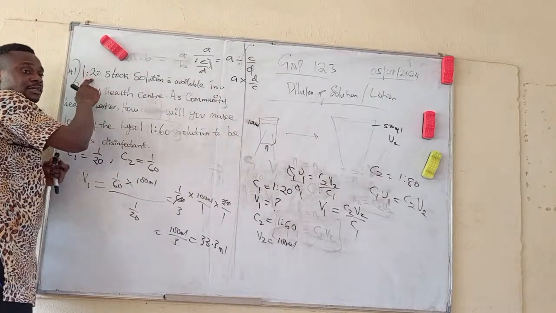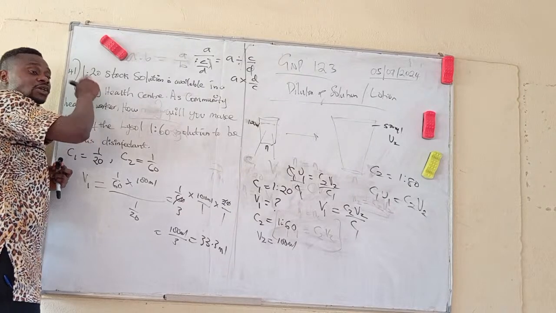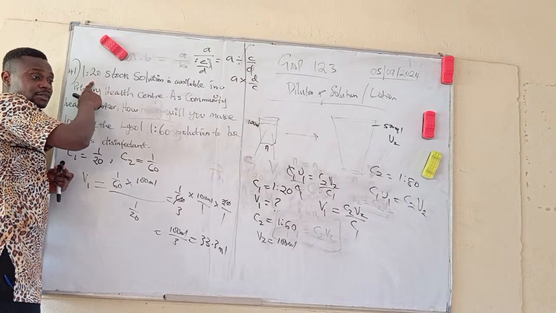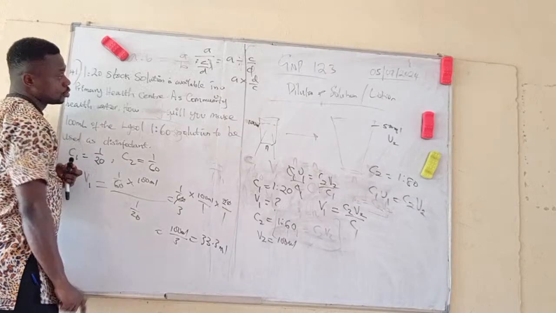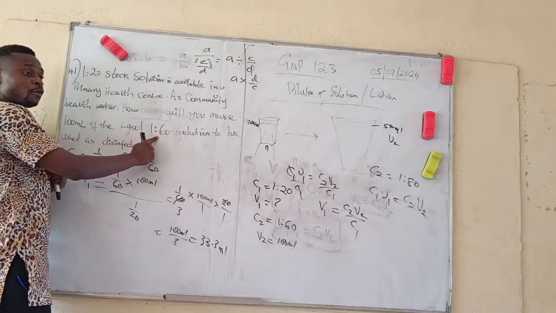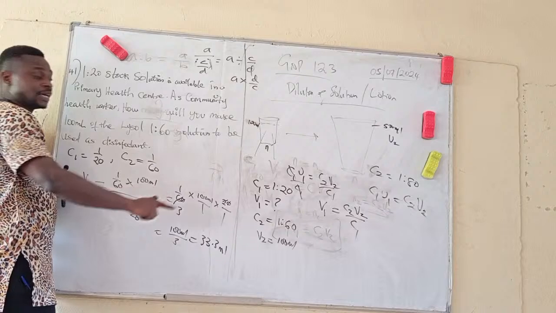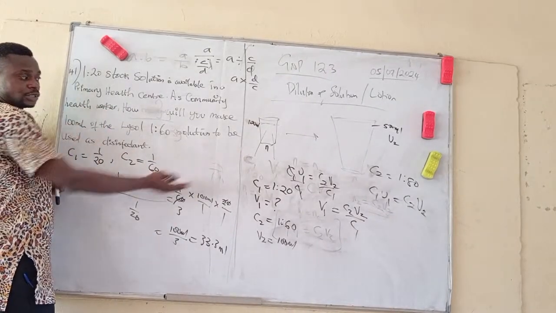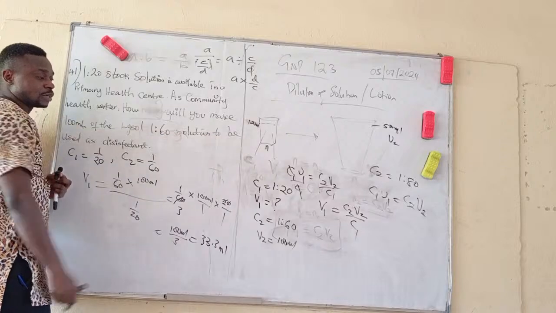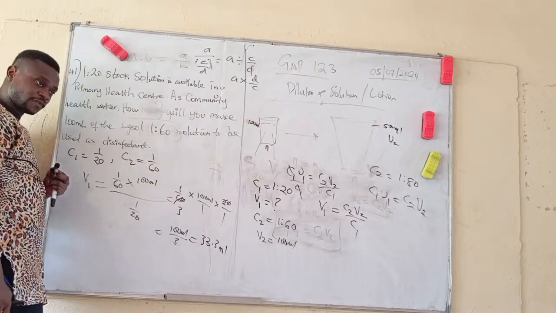The concentration we know is C1. Then C2 is the new concentration you want to form, which is 1:60. Then V2 is the volume of the new solution, which is 100 ml. You simply substitute here. This is simple substitution, and make V1 the subject of the formula.